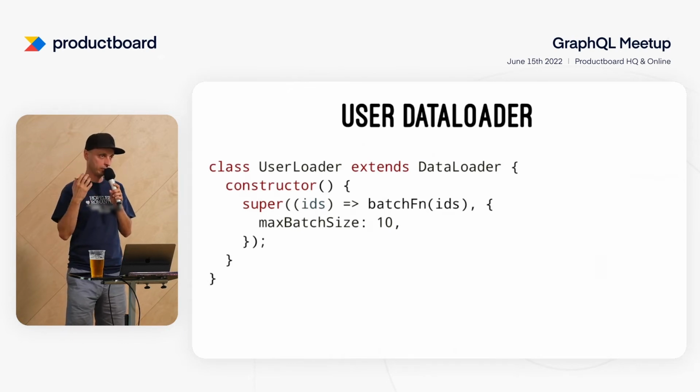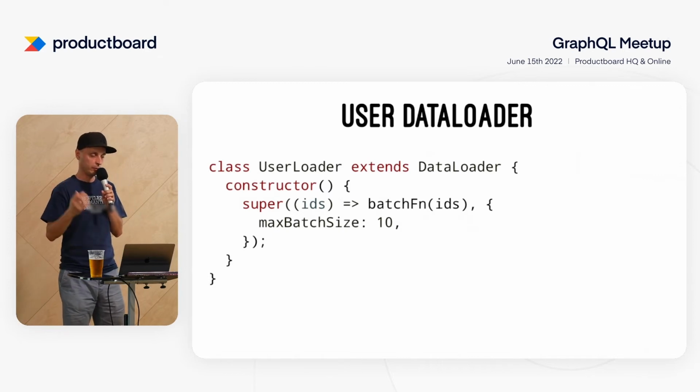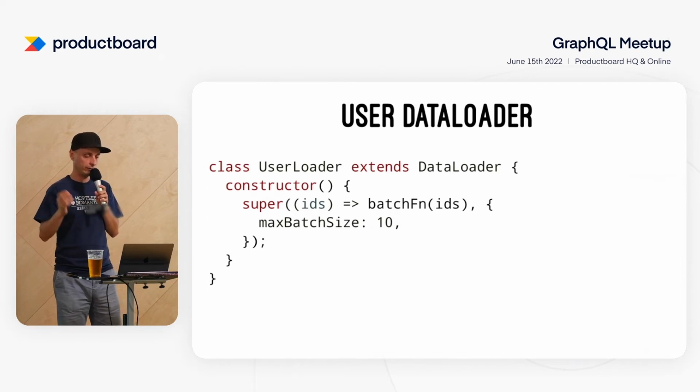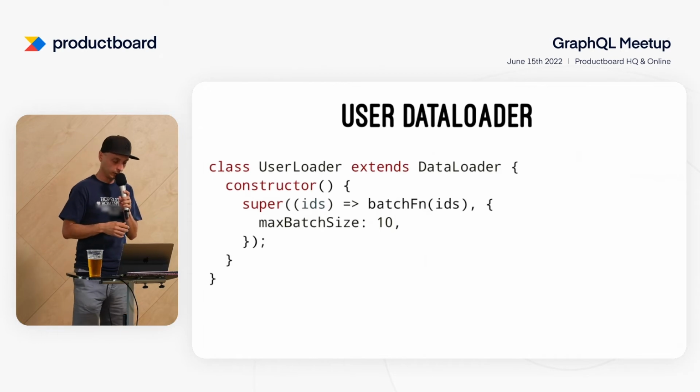Maybe it would be great to improve the endpoint to accept multiple IDs, and wow, you just decrease the amount of internal API calls a lot. And this is even simpler if your resolvers can talk directly to a database, because a database usually has something like IN, or you can definitely provide multiple IDs very easily.